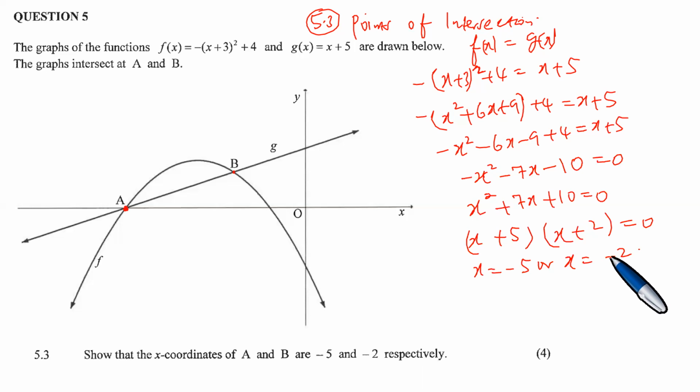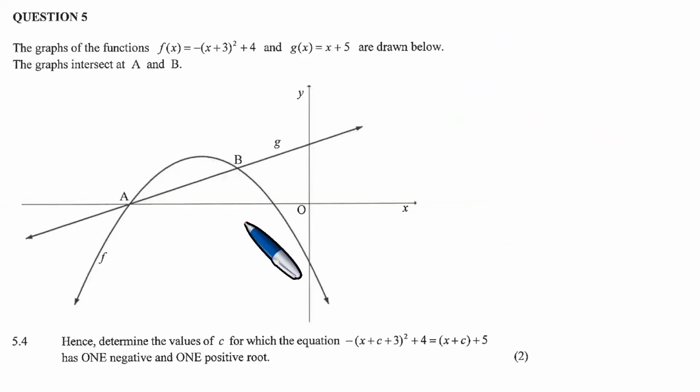All right, so what are the coordinates therefore of A and B? So clearly we can see that the x coordinates of A and B are minus 5 and minus 2 respectively. Okay, so we get exactly those there. The next question. So in other words, I'll just comment here. It means here it's minus 5, but it means the x value here is minus 2.